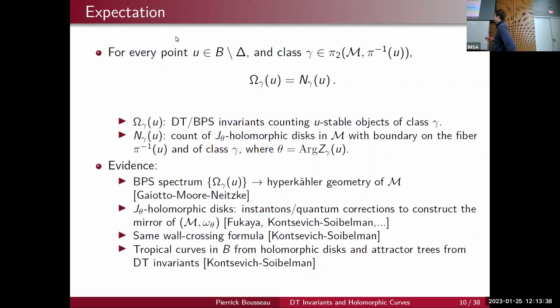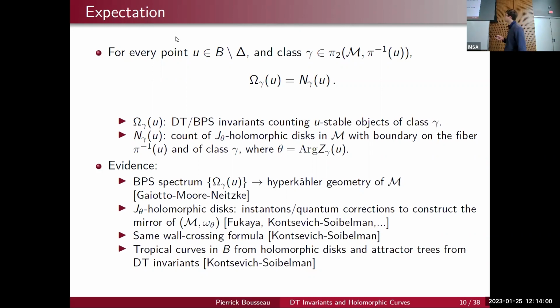And the main piece of evidence is that in both cases there is a kind of wall-crossing structure, as shown by Kontsevich and Soibelman. The main observation in the Kontsevich and Soibelman paper is that the two wall-crossing structures look very much the same, and so you might expect them to be related.